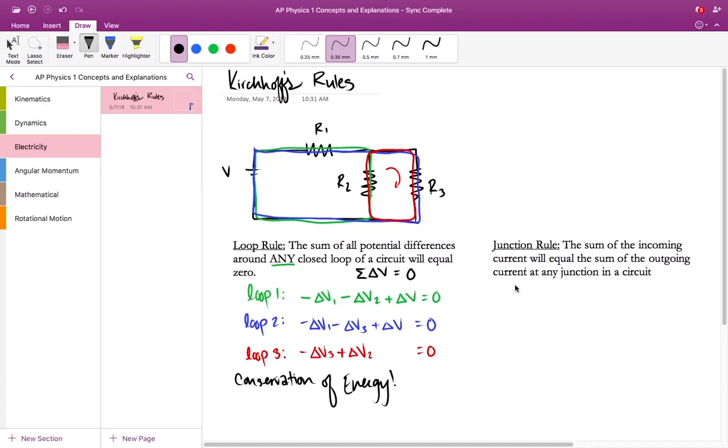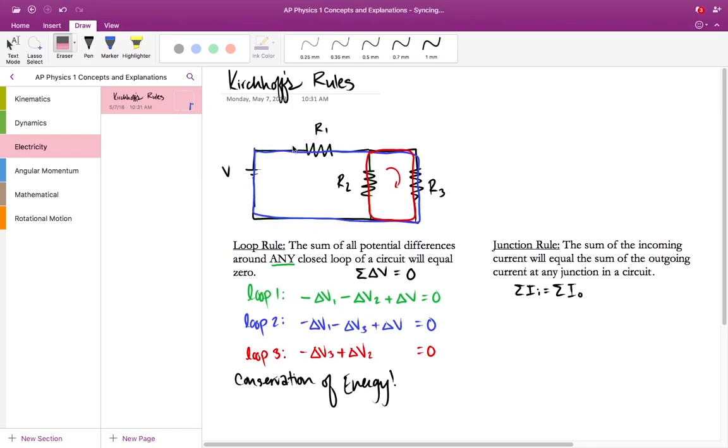The sum of the incoming current, I incoming, equals the sum of the outgoing current at any junction. And we say at any junction, but the reality is that we don't even have to pick a junction.